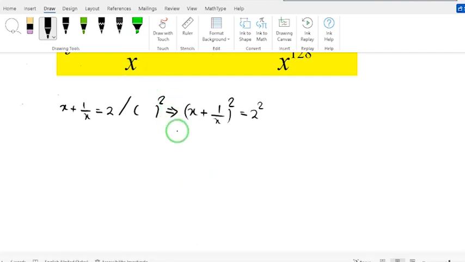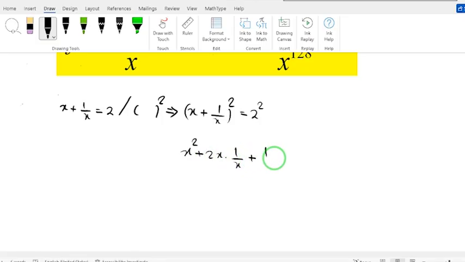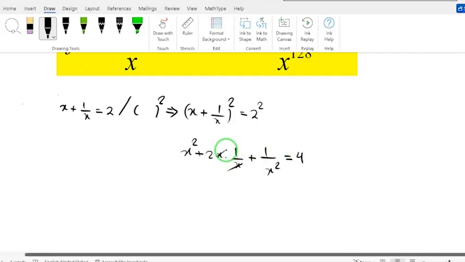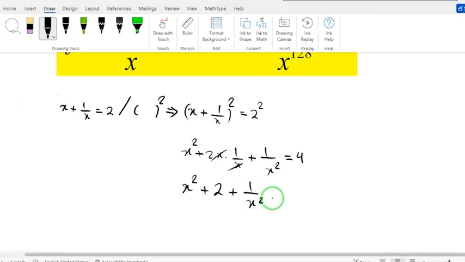We expand it: x squared plus 2 times x multiplied by 1 over x plus 1 over x squared is 2 squared, 4. Then we simplify x by x, and we can write x squared plus 2 times 1, 2, plus 1 over x squared equal to 4.